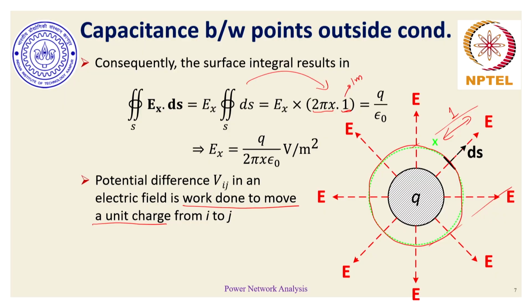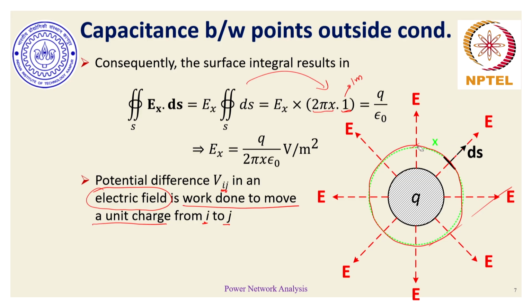So here Vij means i and j are two distinct points between which the potential is to be measured, and between these points i and j there definitely exists a non-zero electric field, and we are trying to understand how much work is being done to move a unit charge from point i to j in the presence of an electric field.